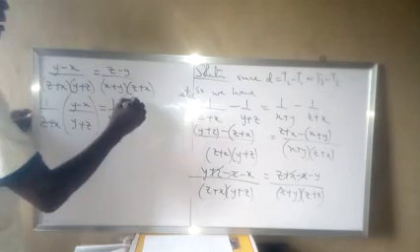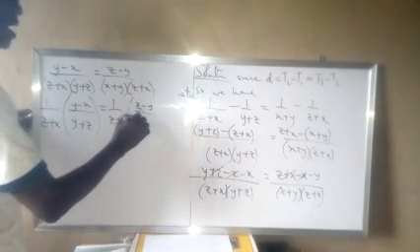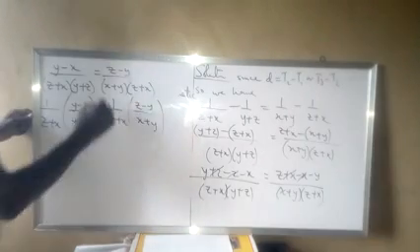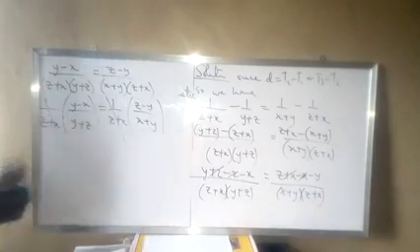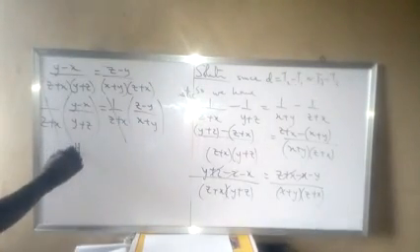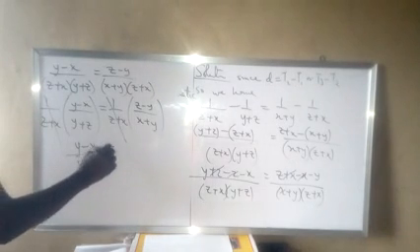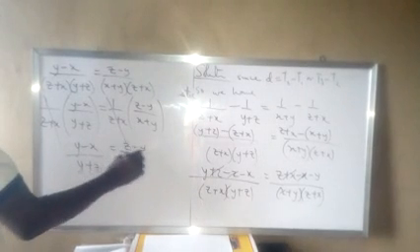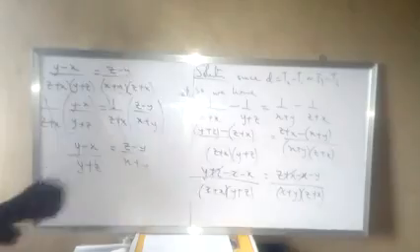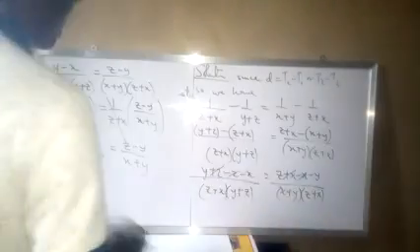We will be left with z minus y all over x plus y. So 1 over z plus x, we cancel 1 over z plus x here. So we are left with y minus x all over y plus z is equal to z minus y all over x plus y. So the next thing is to cross multiply.